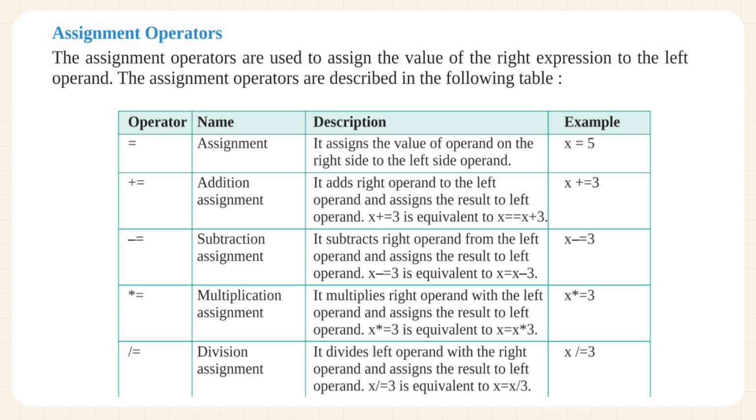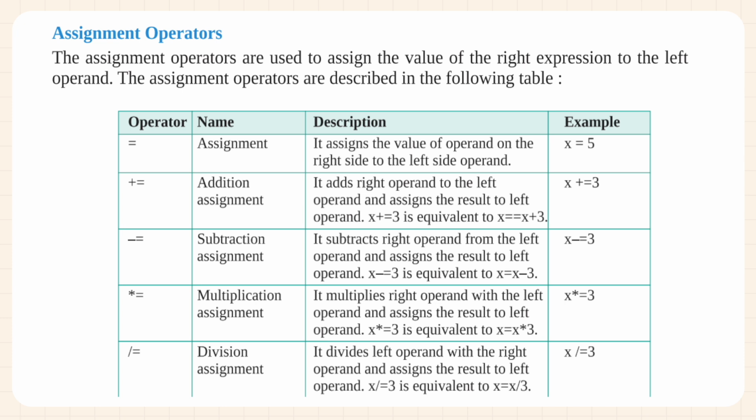It assigns the value of the operand on the right side to the left side operand. x = 5. Plus equals, addition assignment. It adds right operand to the left operand and assigns the result to left operand. x += 3 is equivalent to x = x + 3.